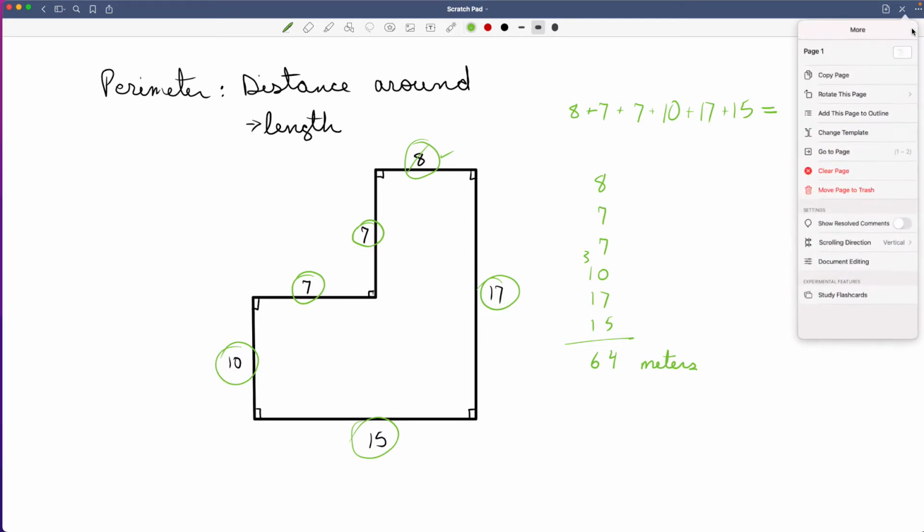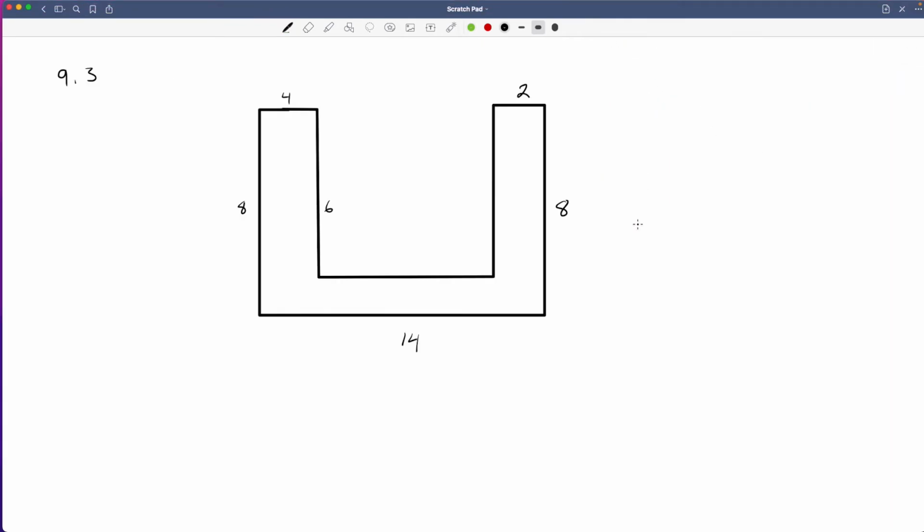Wait a minute, we don't have a length for this side or this side. So we're going to have to do a little bit of math in order to find out what that length is. So one of the things that we can do is we can use our imagination. We can pretend that this line right here is going to go straight up, and we know it stops here and starts here at the same points, so we can envision that this line goes all the way across when we add this line segment to this part of the shape, when we just bring it straight up.